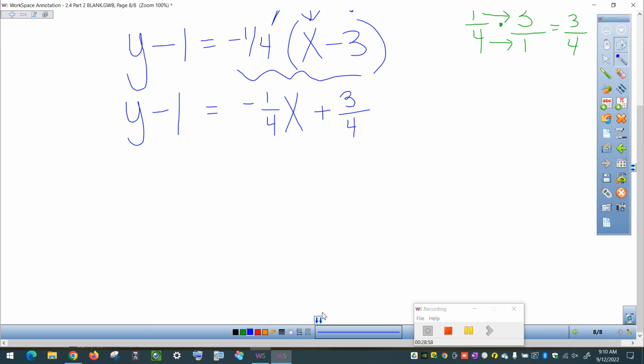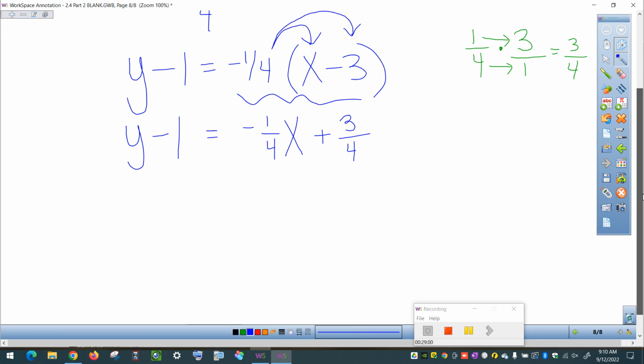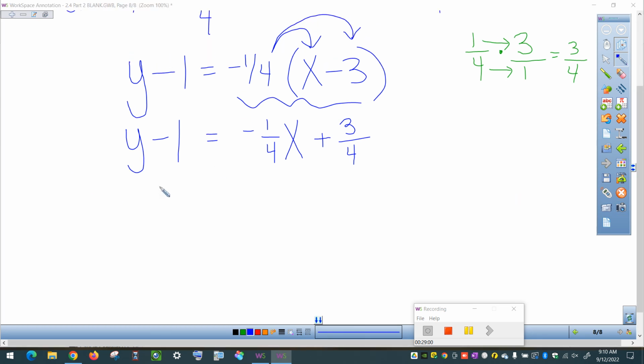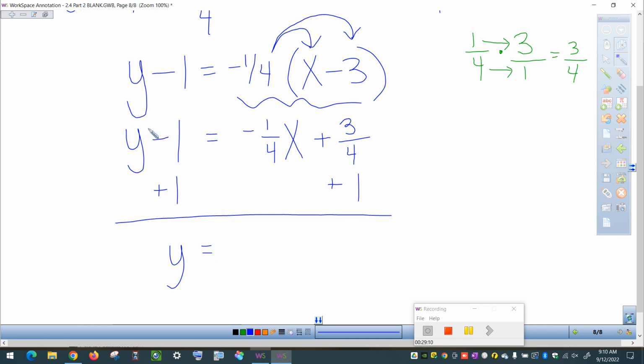All right, we got rid of our parentheses. The last thing that we need to do here is get the y by itself. So we need to add 1 to both sides. All right, so that's going to cancel everything out here on the left. We can actually bring down the -1/4 x part.